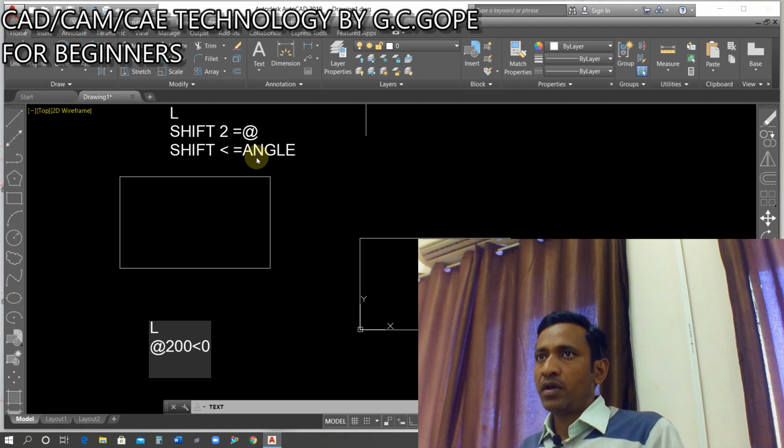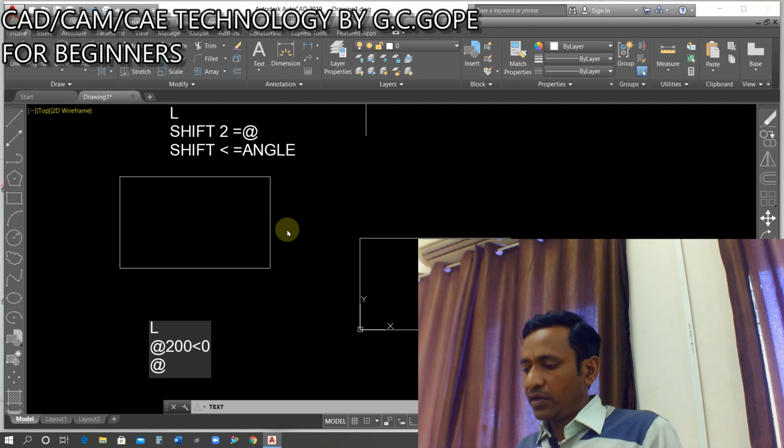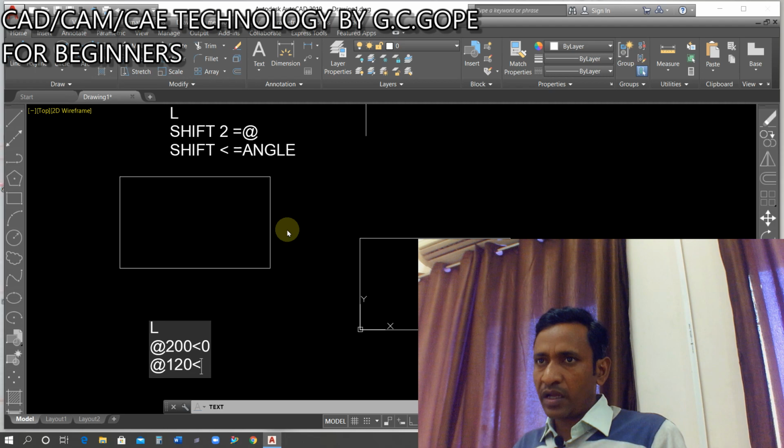Now for this point, from here to here, this line is traveling in the y direction, but we don't need to think about the y direction or x direction, we just give the dimension and specify the angle. From here to here, we take Shift plus 2 at the rate, then 120 is the length, and the angle will be 90 degree.